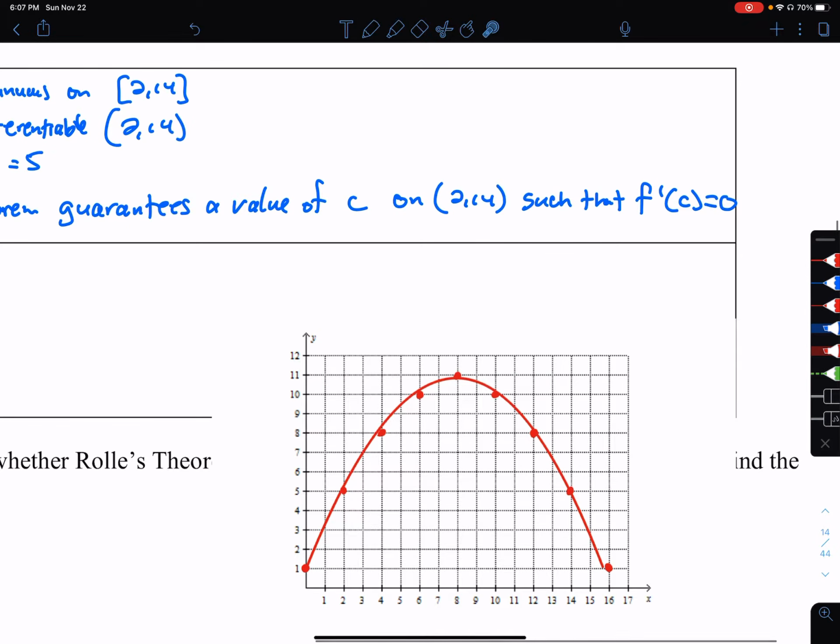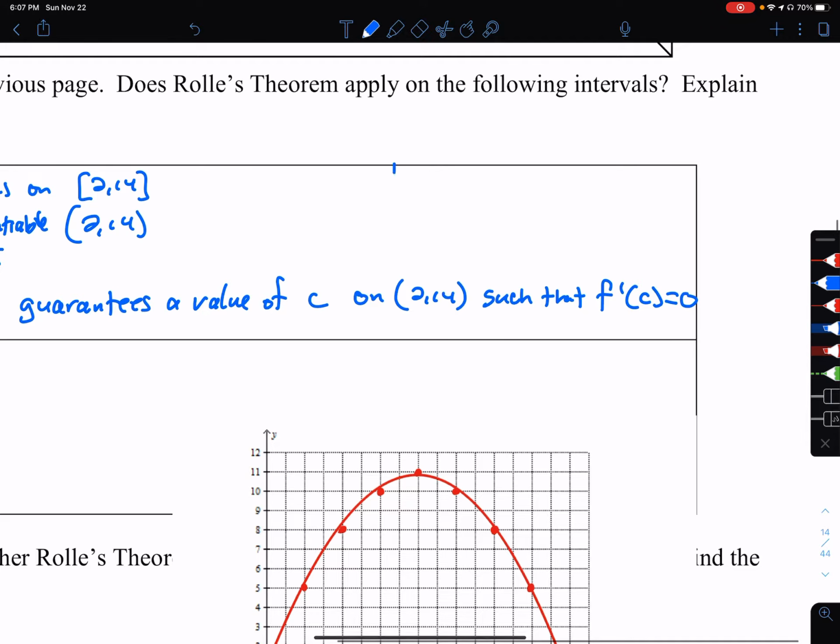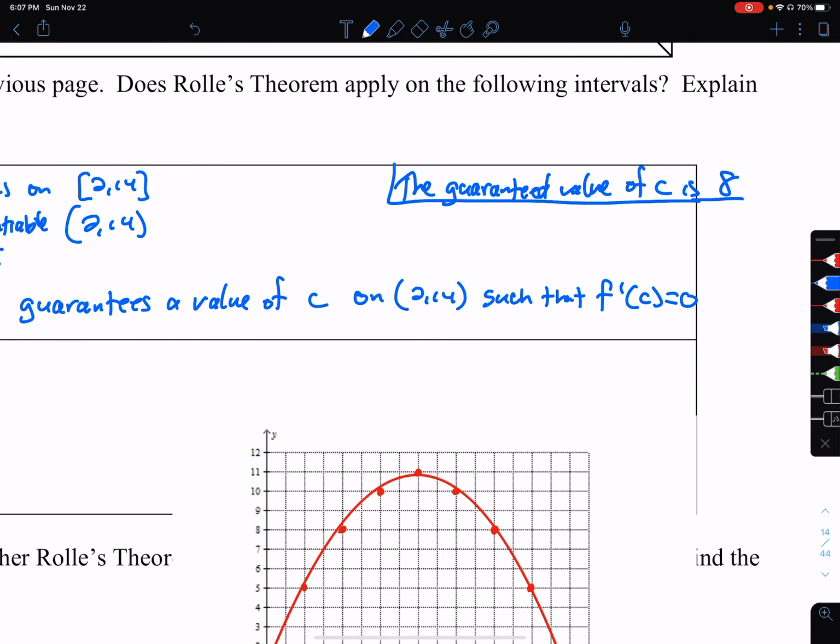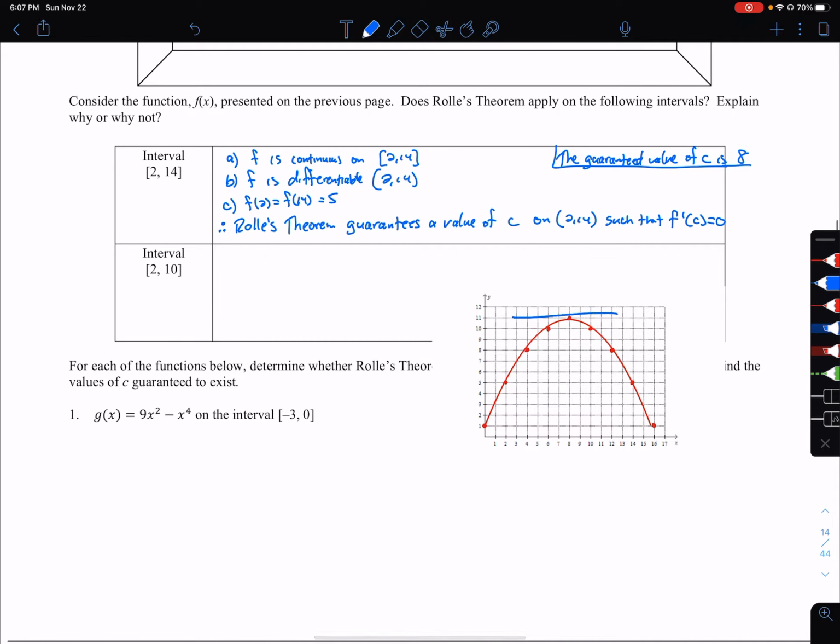And if you want to know the truth about it, that's happening here at 8. Doesn't ask for this, but I'm just going to tell you. The guaranteed value of c is 8. We would have a horizontal tangent line there.